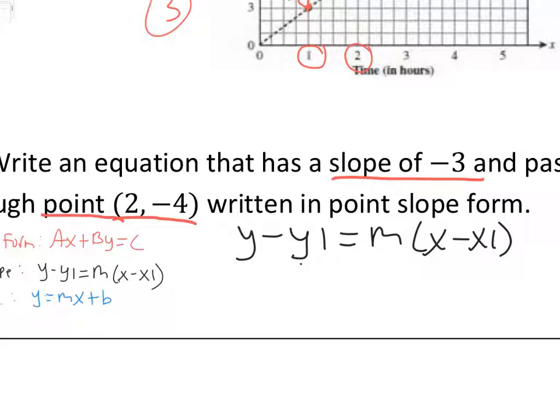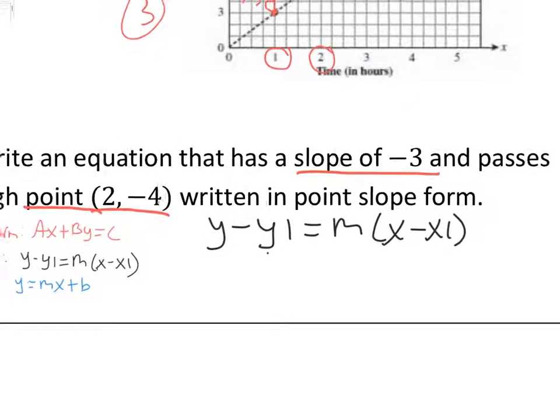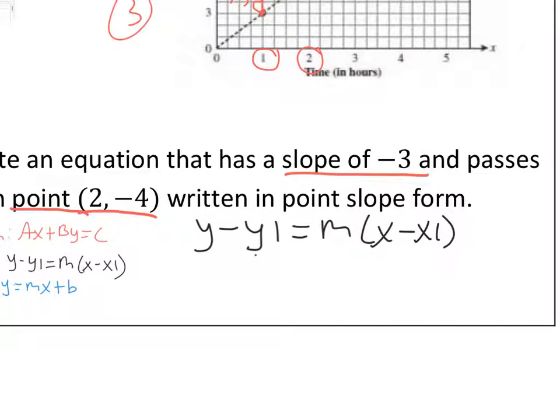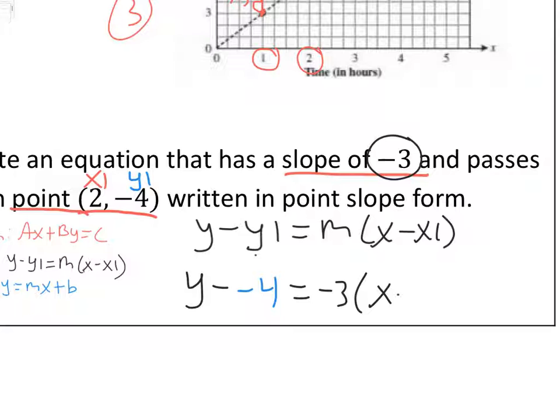Remember, for the points here, we are going to put the minus and then put the coordinate. If you go to your coordinates, we're going to put x1 and then y1 to remind us what goes in for what. So let's rewrite this. Y, put your minus sign, and then what is the y1 coordinate? It is negative 4. Is equal to your m, which is negative 3, and then parentheses, x, put the minus sign, then find your x1 value.